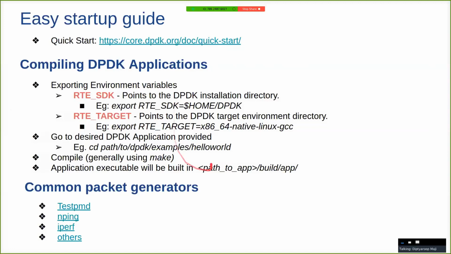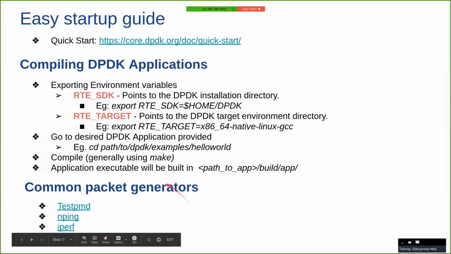Once those are set, we generally compile our application using make, and the application executable is stored in this path. If you want to make any client-server type application, there are some common packet generators available, for example iperf, or DPDK itself provides a very good application, testpmd.